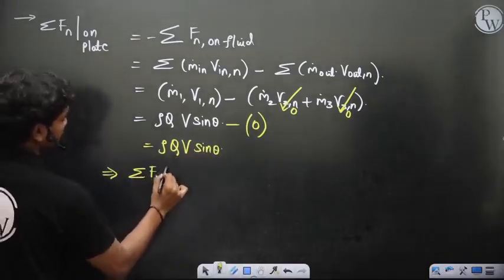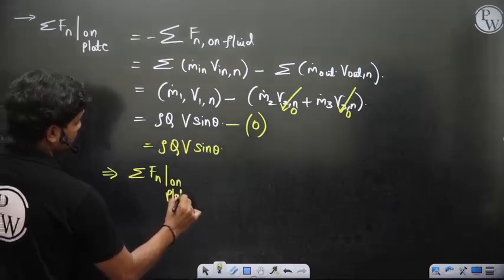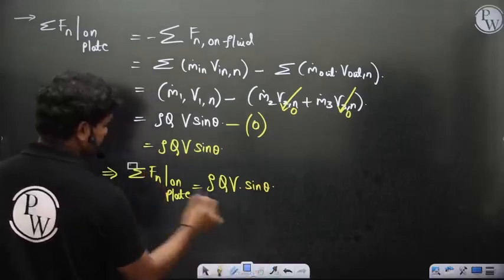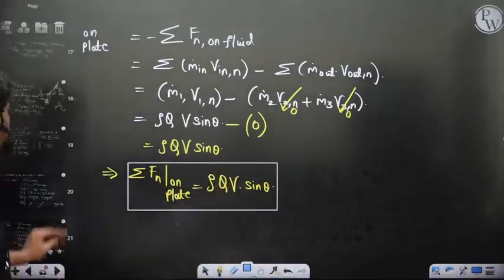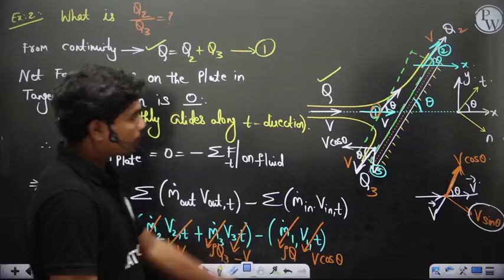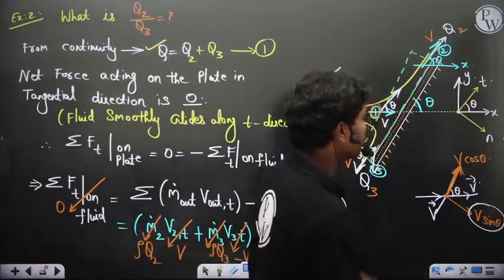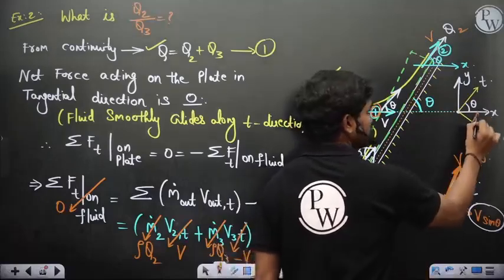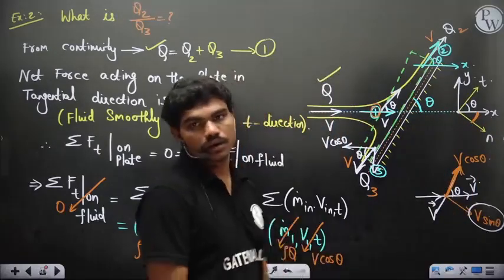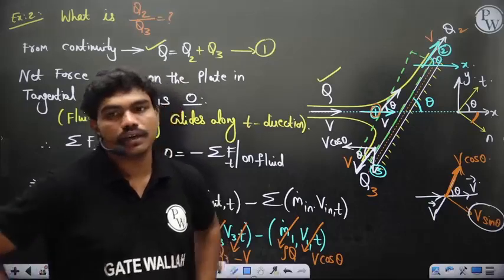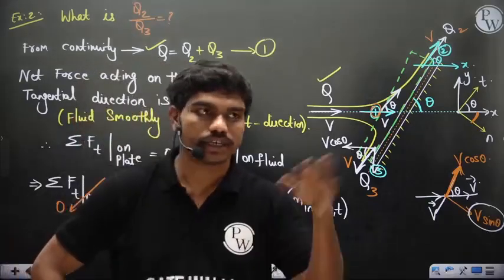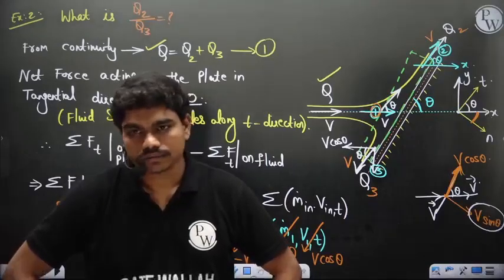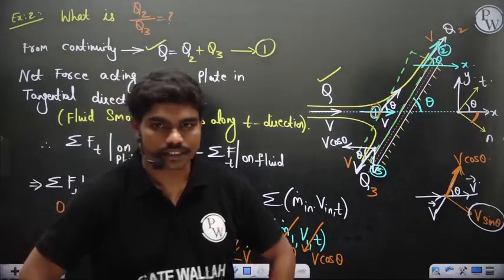Sigma Fn on plate is equal to rho Q V sin theta, of course. Now observe carefully. This is the x direction, and you know force in n. If this angle is theta, what is the angle between x and n, the normal direction and the x direction? 90 minus theta.